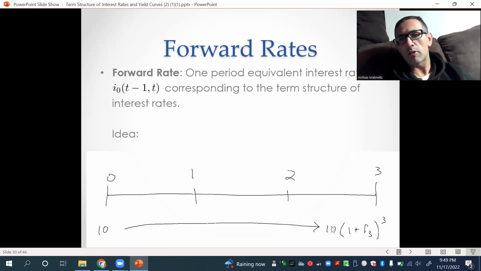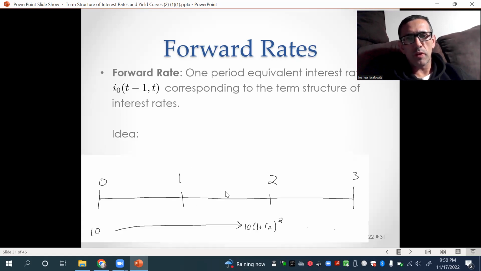The $10 becomes 10 times (1 plus R3) cubed. It's just 3 years of growth at interest rate R3 per year. We can instead specify this growth by a yearly interest rate from 0 to 1, from 1 to 2, and 2 to 3.